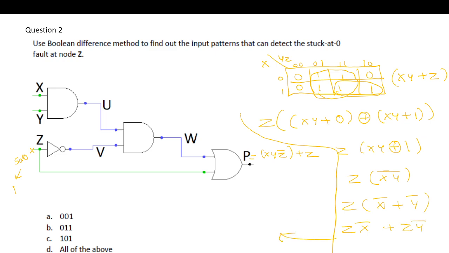If we write it out, it will be XYZ plus X bar Y bar Z plus X Y bar Z plus X bar Y bar Z. These patterns can be 0 1 1, or 0 0 1, or 1 0 1, or 1 1 0. So these are the patterns possible, this is also a pattern, this is also a pattern. So all of the above is the correct answer.